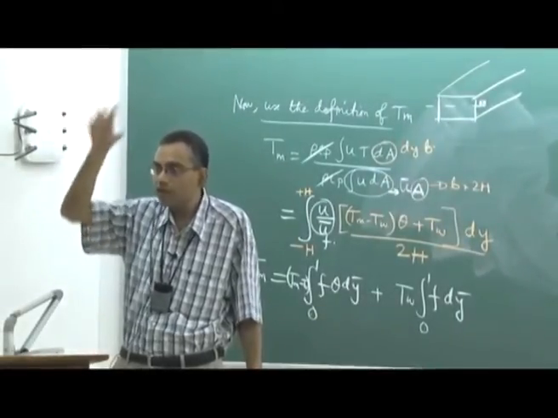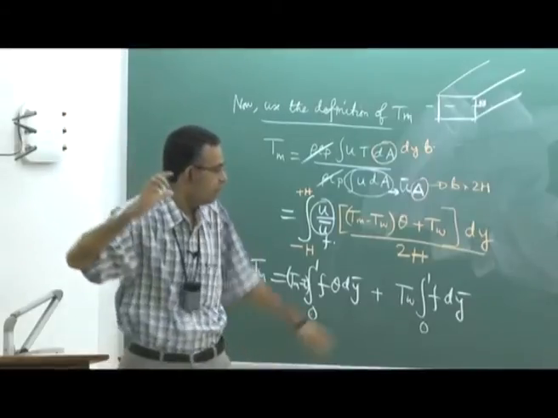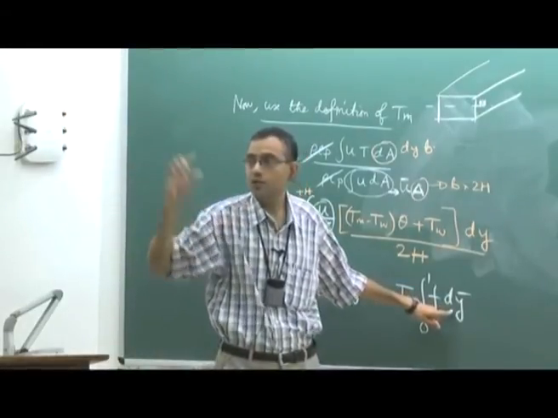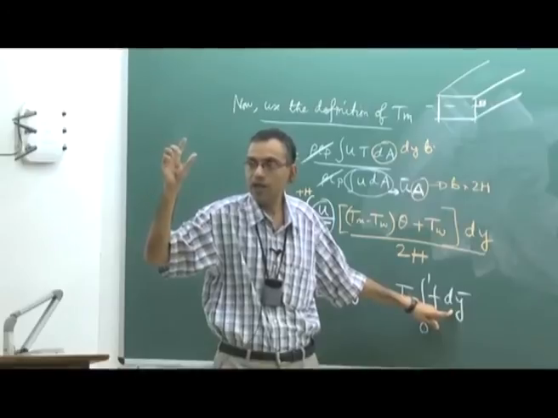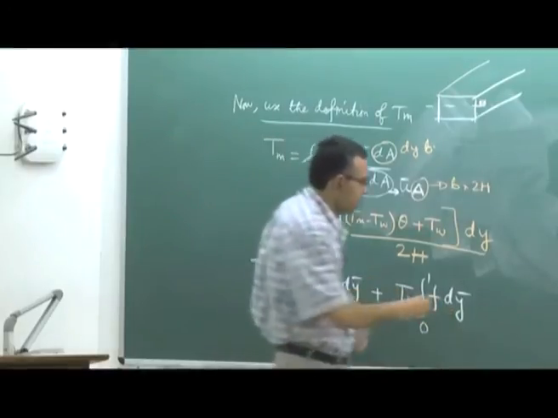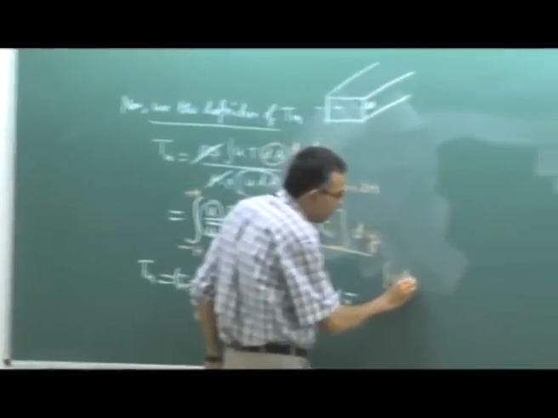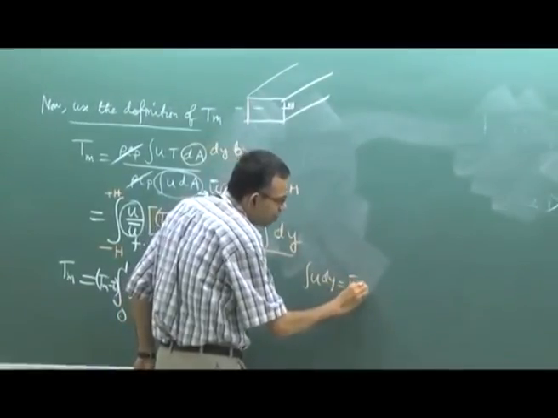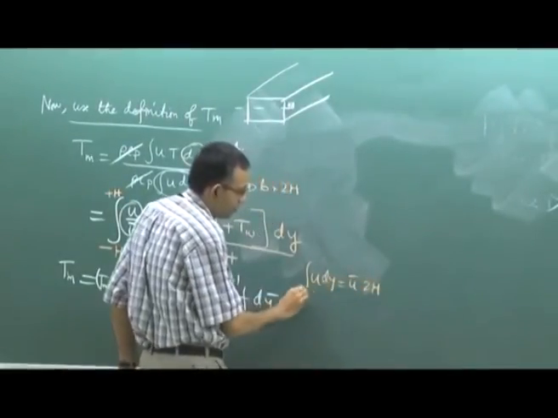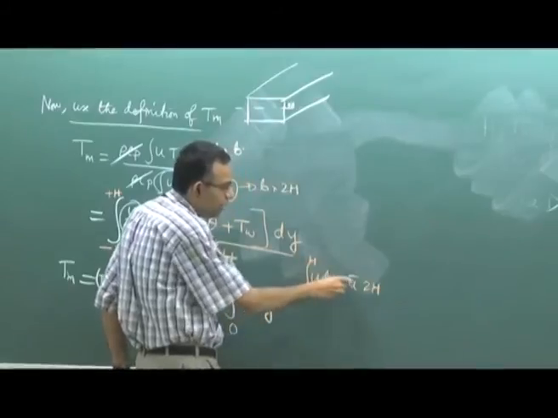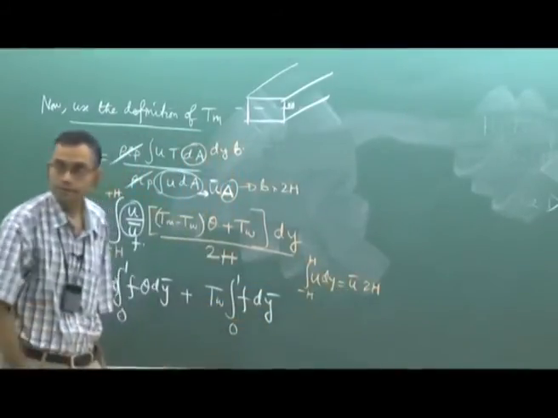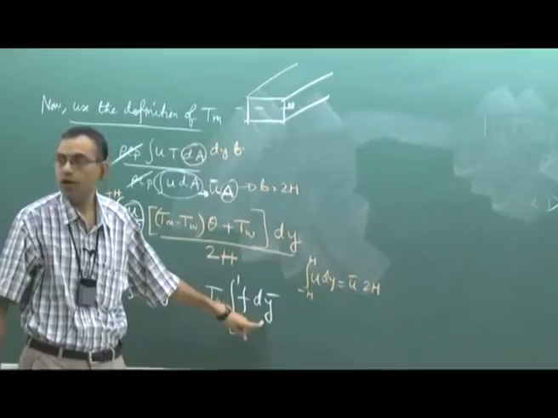This is from the condition that the integral of u dy is equal to u average into 2h. So u by u average integral will become 1.